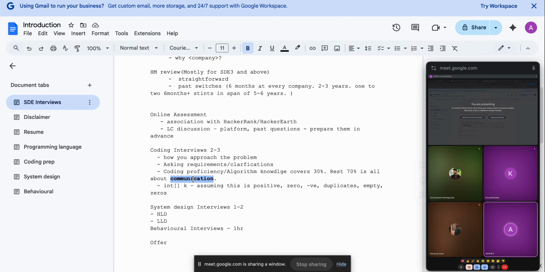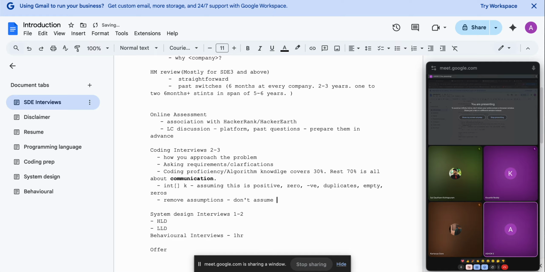So communication is very important when it comes to interviews, right? You need to understand what the interviewer is actually looking for, clarify everything, and remove assumptions, right? Don't assume anything. Everything needs to be written on the screen. So you need to ask every possible question to the interviewer, and write down everything on the screen, right?